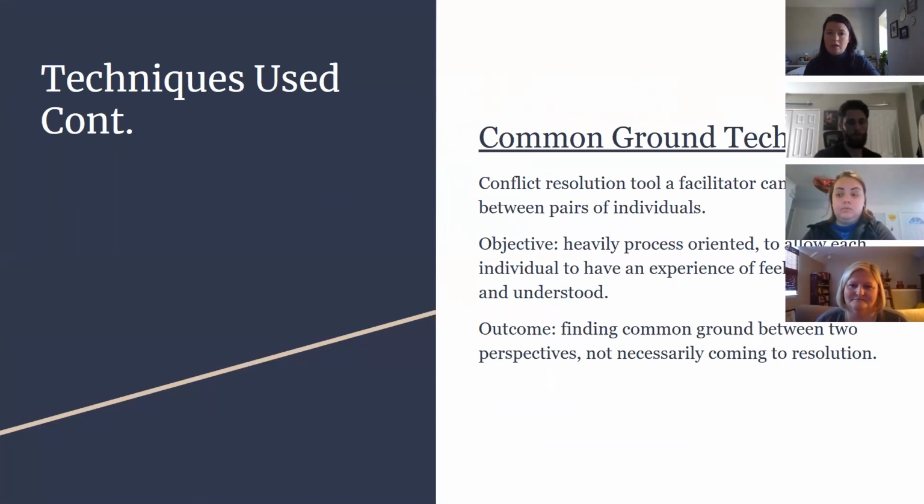This technique is heavily process oriented, in that the idea is to ask each individual to really listen to understand as opposed to listen to respond. So we ask one individual to listen and then paraphrase what the other had said, and then in the reverse. The idea is really not to come to necessarily a resolution, but to find commonality between the two perspectives that the individuals have, and really have the opportunity for each individual to feel understood.